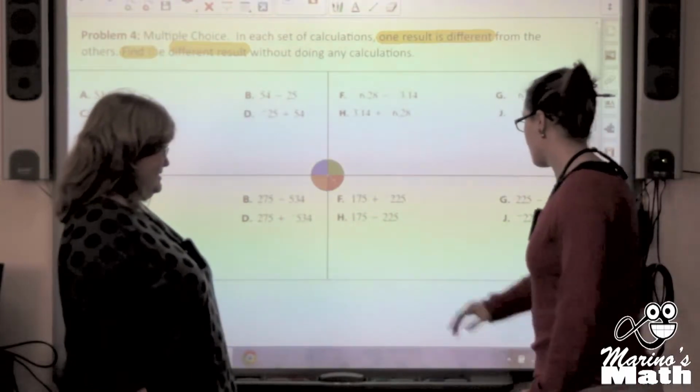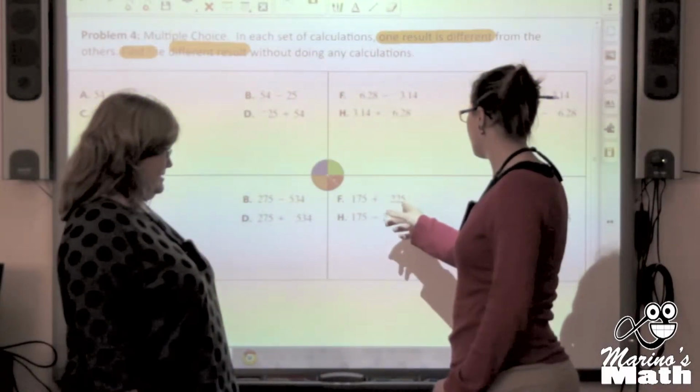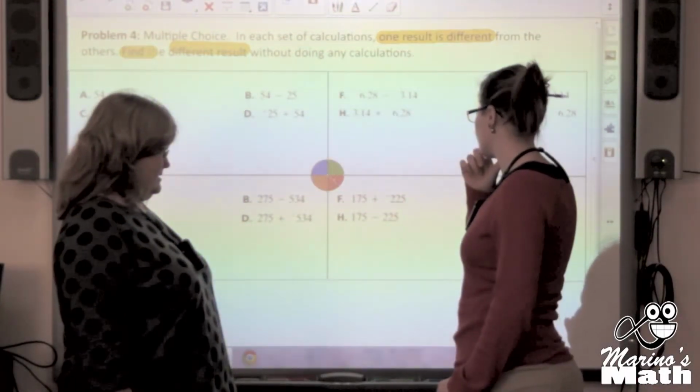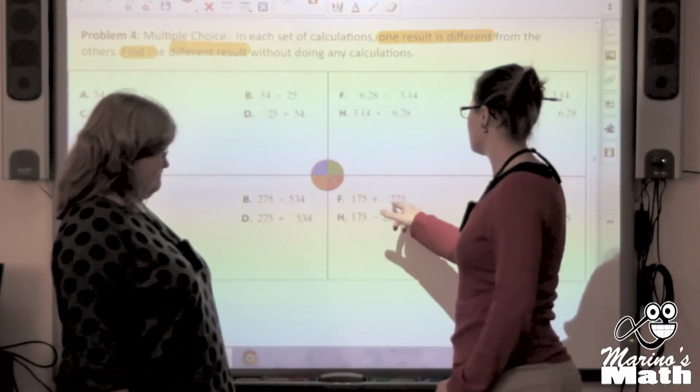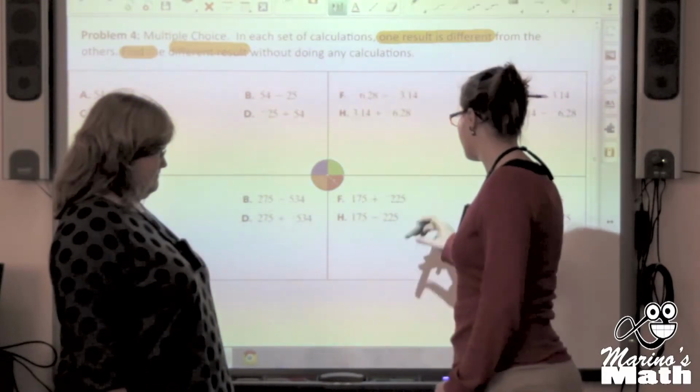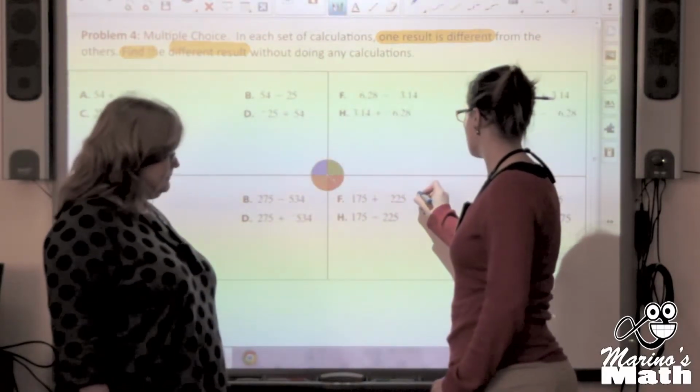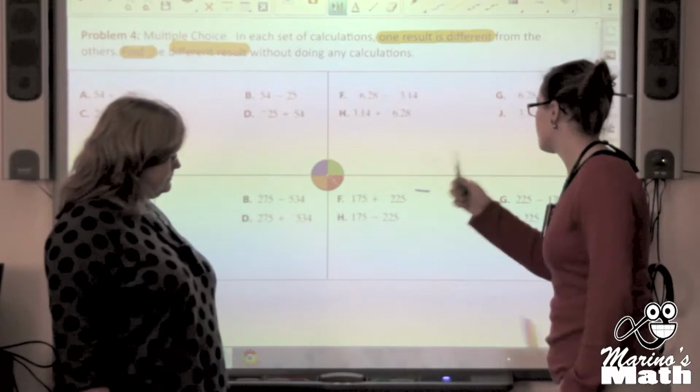So I have a positive 175, plus a negative 225. In absolute values, the 225 is bigger, so I know I'm gonna end up with a negative number. Right? So negative answer. How about for this one, H?